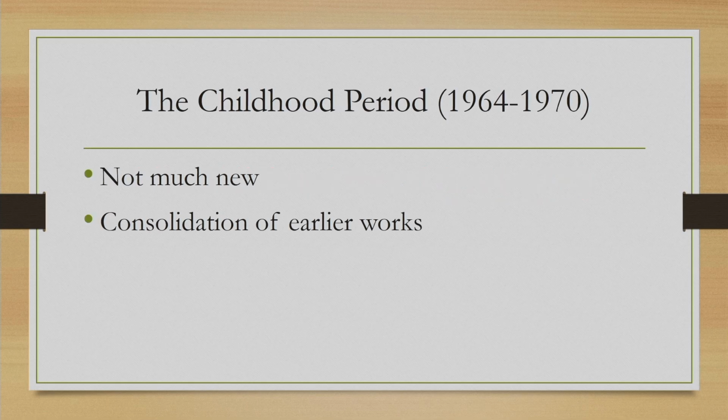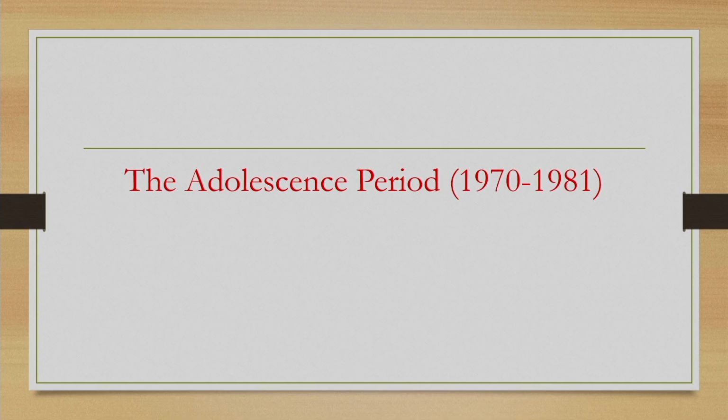In this period, not much significantly new happened, only whatever was developed earlier in the gestational period, further development took place along those lines and consolidation took place of the earlier ideas. Then came the adolescent period, mostly confined to the 1970s and early phase of 1980s.